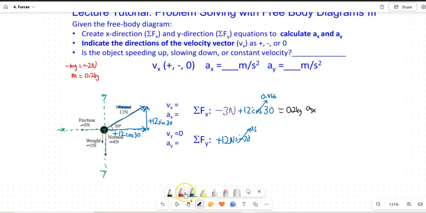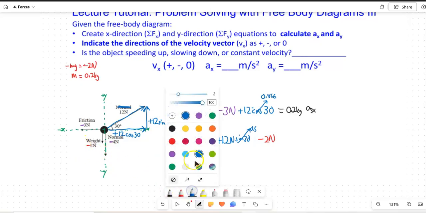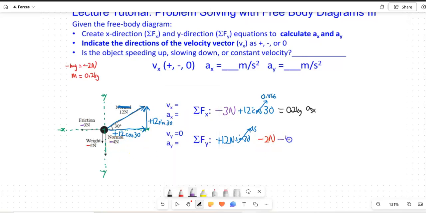And then we have the weight of the object, which is negative 2 newtons. And then we have that other weird normal force, which is negative 4 newtons. So I'm convinced that that friction force and that normal force go together. And that's going to be equal to 0.2 kilograms times the acceleration in the y direction.